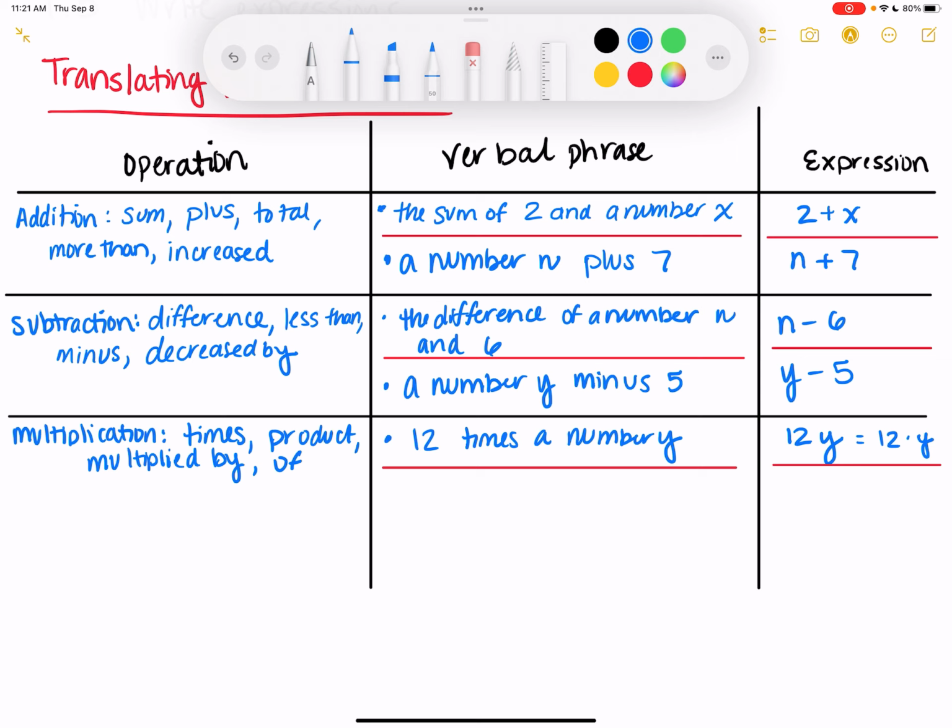And then an example using of, since that one's kind of a weird one, something like 1/3 of a number x. And all that means is 1/3 times x, like that.